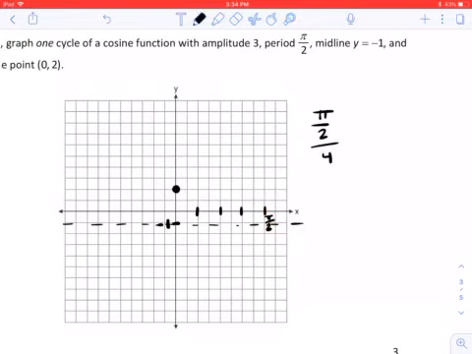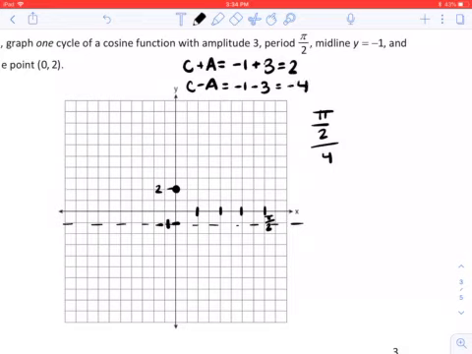Now my amplitude is 3, so if I have c plus a, my c value is negative 1 plus 3 gives me a maximum of 2, which just happens to be the point that we already labeled. And then c minus a, so that's negative 1 minus 3. That's going to be a minimum of negative 4. So I already have negative 1 marked.